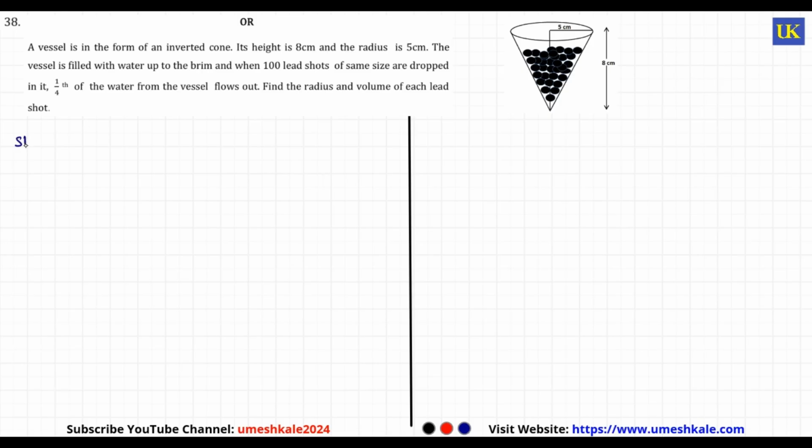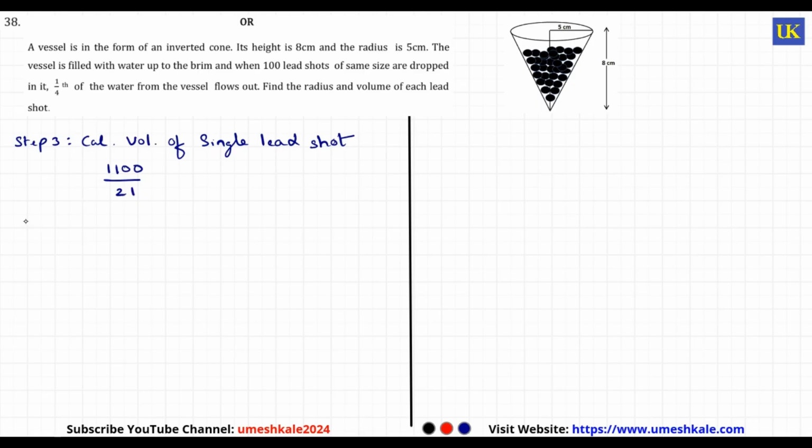Now we will find here step 3. Here we need to calculate the volume of a single lead shot, one single lead shot. Now, the total volume of lead shot what we got was 1100 divided by 21.